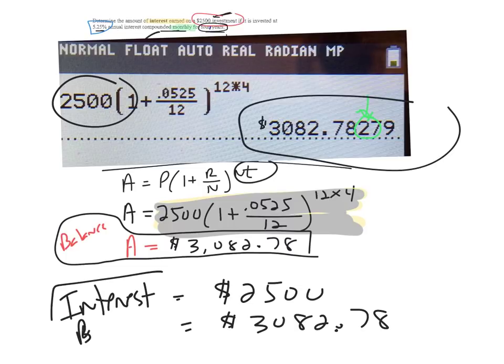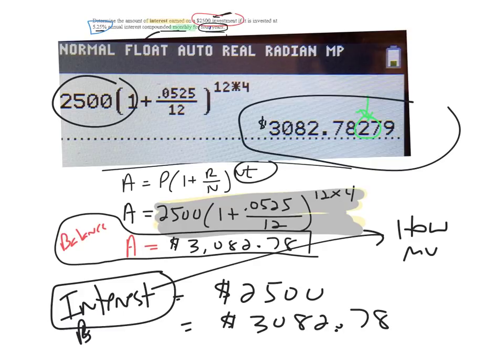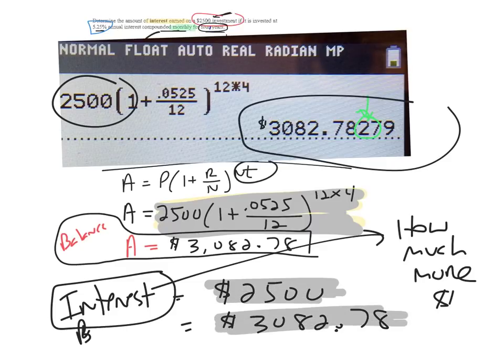The interest is basically how much more money you have. How much more money? You deposited $2,500. You now have $3,082.78. So how much more money do you have?